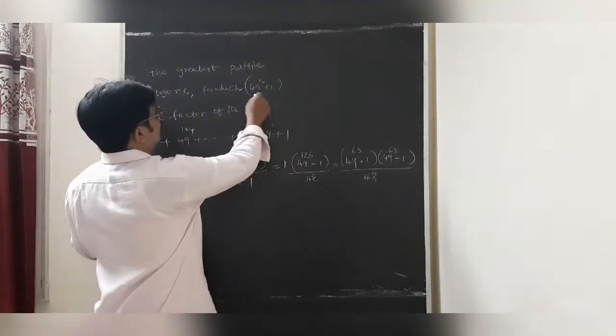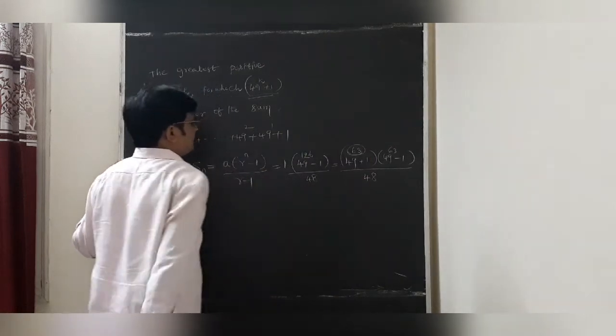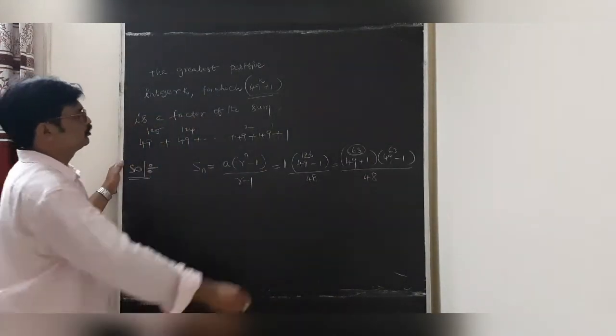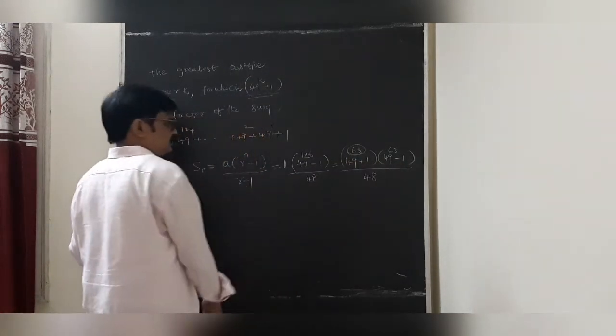Is there 49 power k plus 1? What is the greatest positive value for k? So 49 power k plus 1 is a factor of this one.